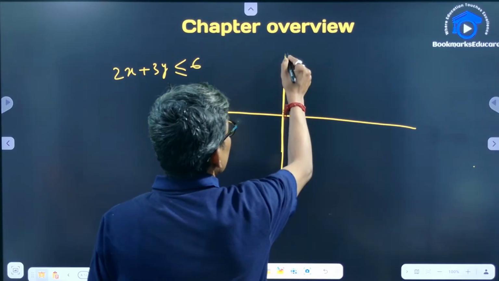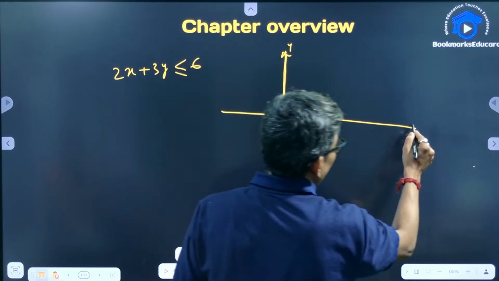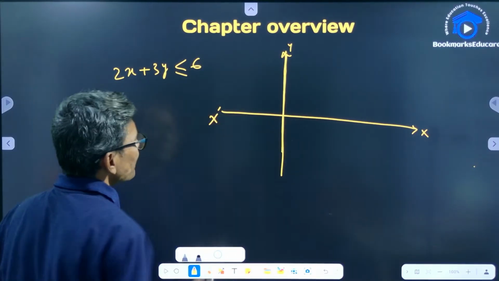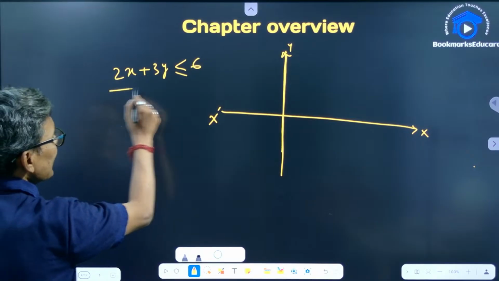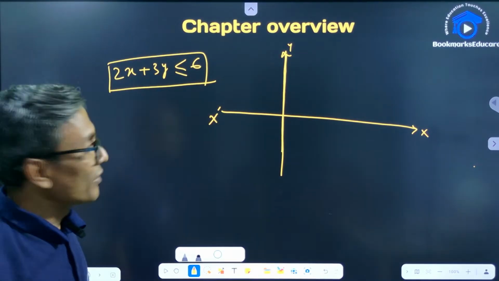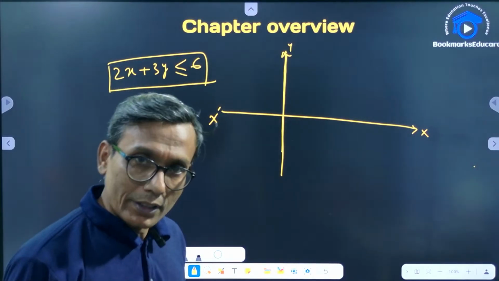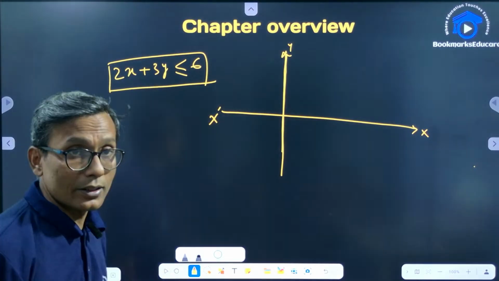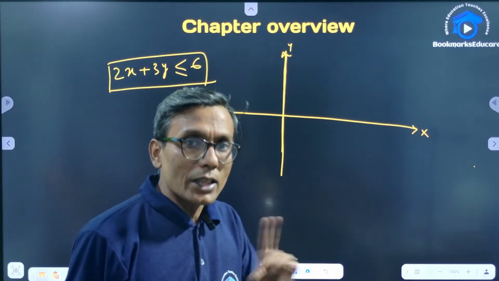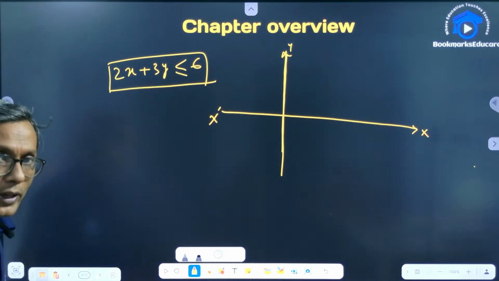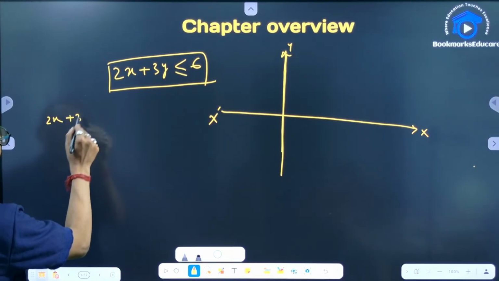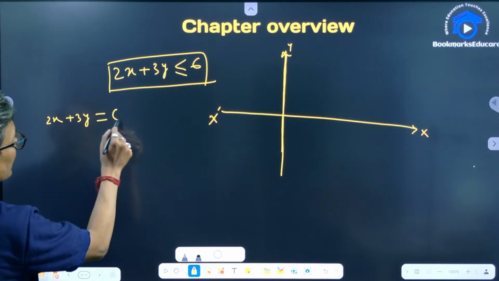So this is the y-axis and this is the x-axis. First of all, this inequation we have to convert into a linear equation. Clear? This inequation must be converted into a linear equation. First step: 2x plus 3y is equal to 6.